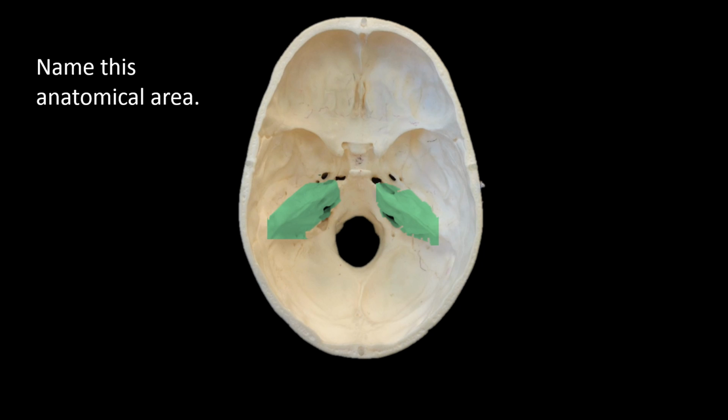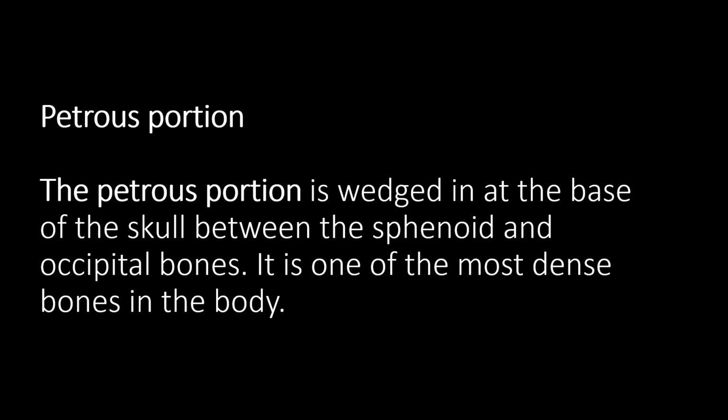Name this anatomical area. Petrous portion. The petrous portion is wedged in at the base of the skull between the sphenoid and occipital bones.